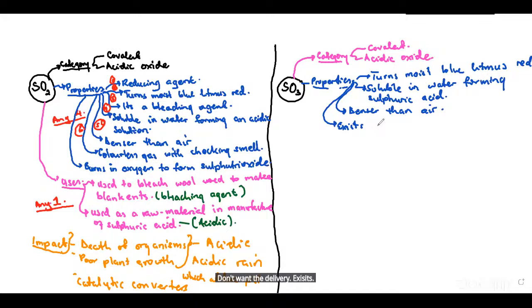It exists as white fumes. So it is not as colorless as sulfur dioxide. It exists as white fumes, so you'll be able to identify it and separate it from sulfur dioxide.